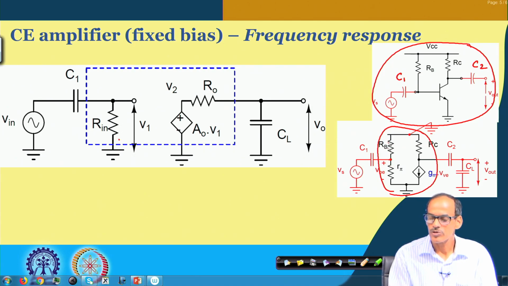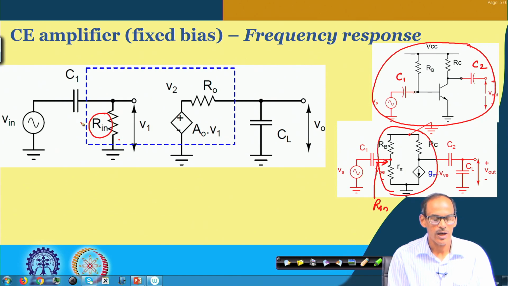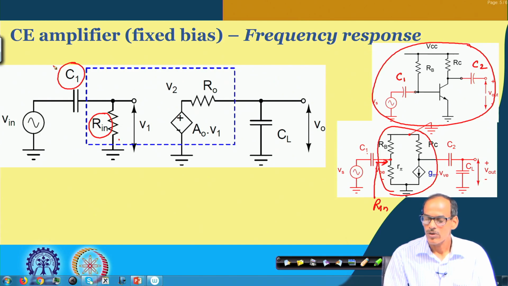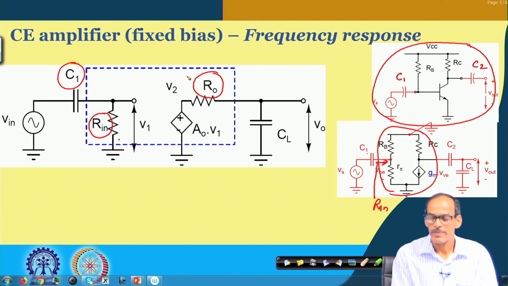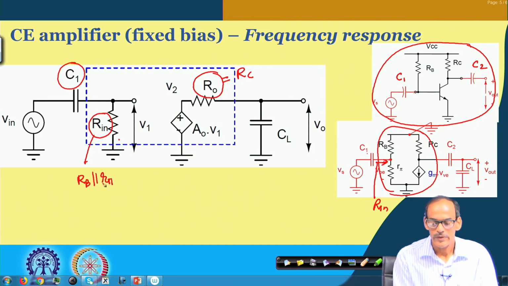The input resistance of the core part, R in, is R b in parallel with R pi, with C 1 as the signal coupling capacitor. On the output side, the output resistance is R c, and the gain is minus g m into R c.